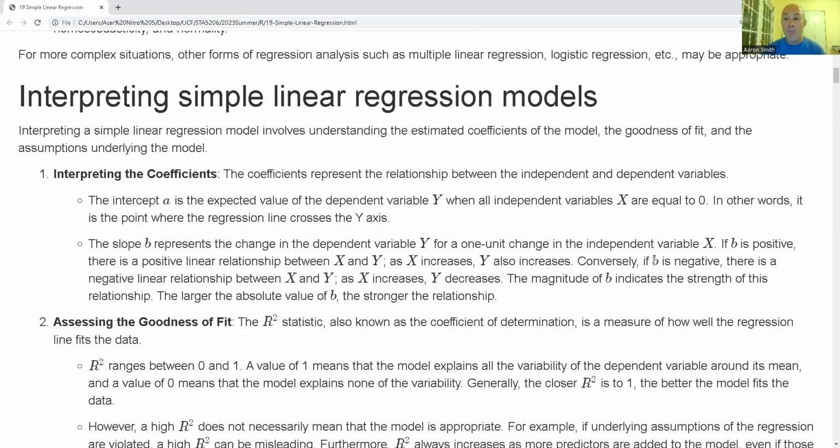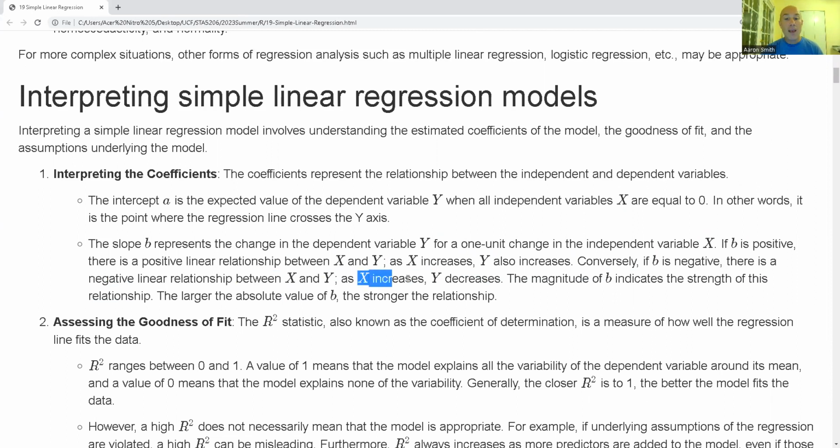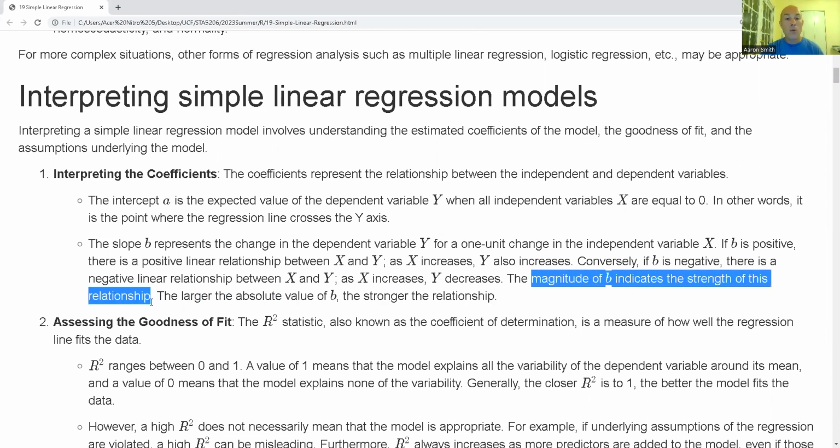Conversely, if b is negative, there's a negative linear relationship between x and y. As x increases, on average, y will decrease. The magnitude of b indicates the strength of this relationship. The larger the absolute value of b, the stronger the relationship.